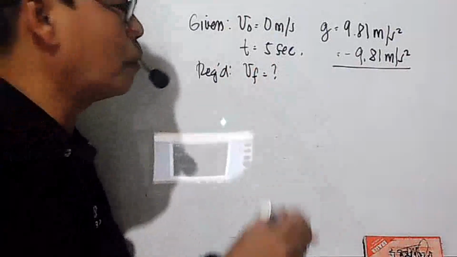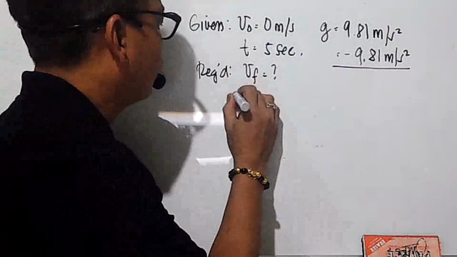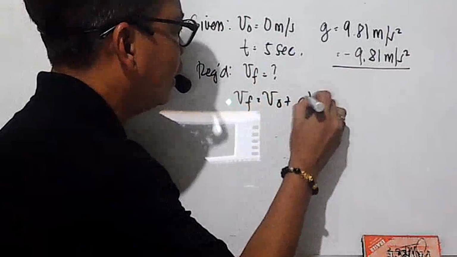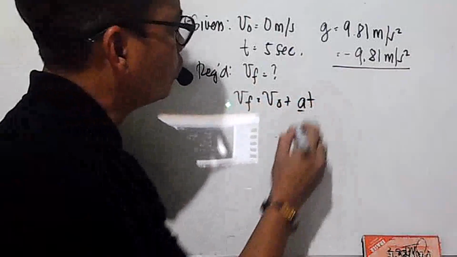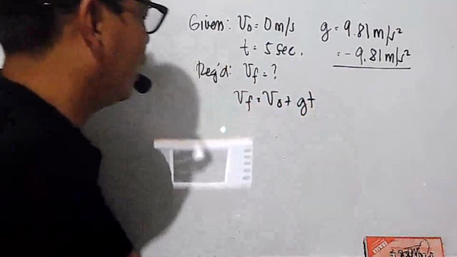Using the second formula in kinematics in horizontal motion, we have Vf equal to Vo plus at. But in this case, we're going to use not a, but g, so gt.